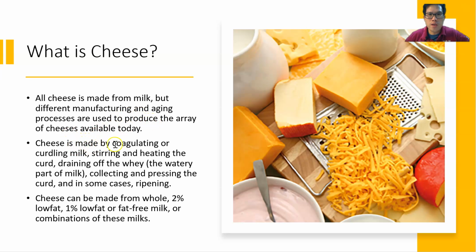Cheese is made by coagulating or curding the milk. So the milk is coagulated and then stirred, heated, the whey is drained off, and the curd is collected and pressed, and then in some cases ripened. Later I'm going to talk about what ripened and unripened cheese are. Cheese nowadays can be made from whole milk, 2% low-fat milk, 1% low-fat milk, fat-free milk, or a combination of these.